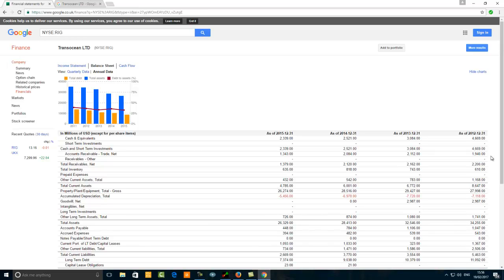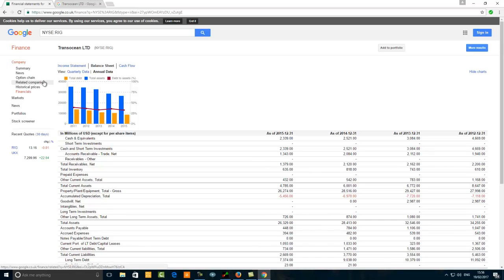Right now, the last figures are from 2012. Wow, how did Google do this? Why is it the other way around? Okay, so 2012 was higher, and it's going down, in fact. So here we are, 2015, 2014, 2013, 2012.